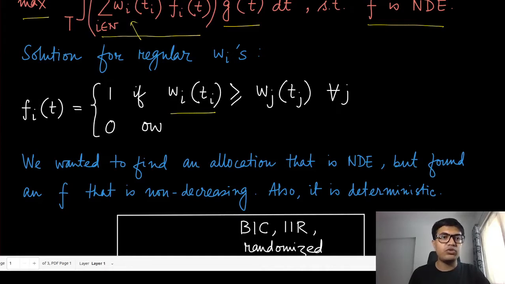Now once we know that this is the allocation rule, then using Myerson's payment formula, we can find out the payment for each of these players. We will do that in this module, and we will see how those things are related.